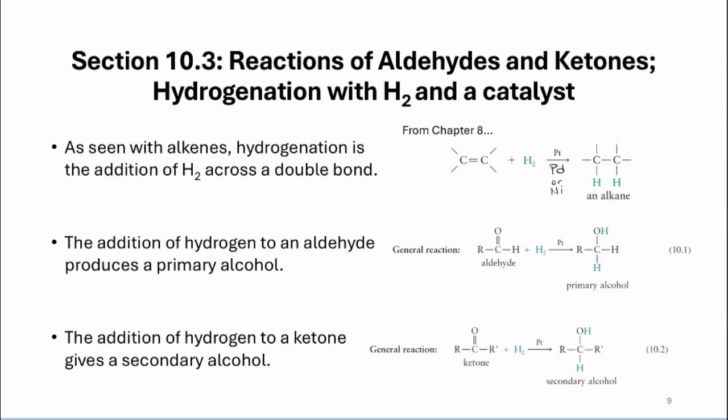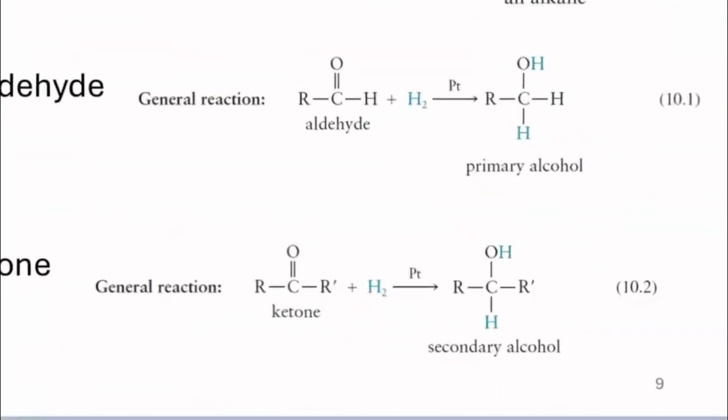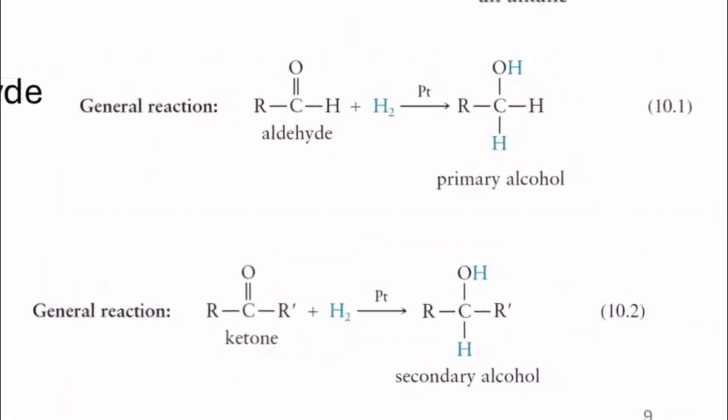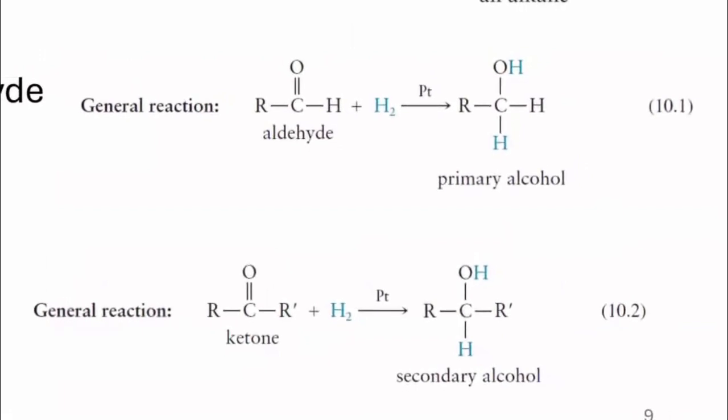When it comes to the addition of hydrogen to an aldehyde, something very similar is going to happen, specifically at the carbonyl. Let me zoom in so we look at this reaction closely. The addition of the hydrogens will happen at the carbonyl.